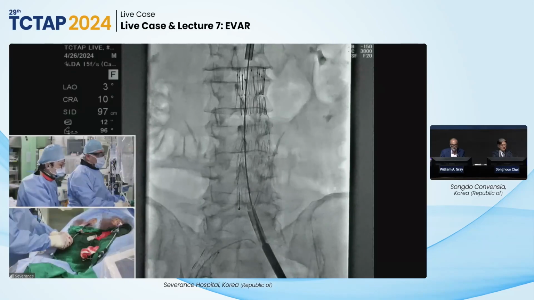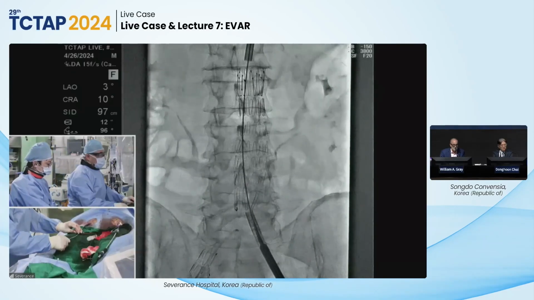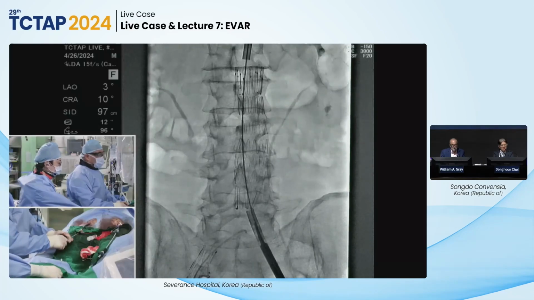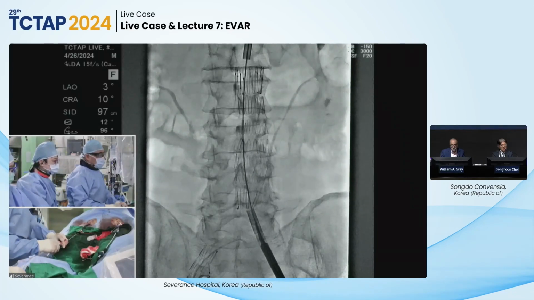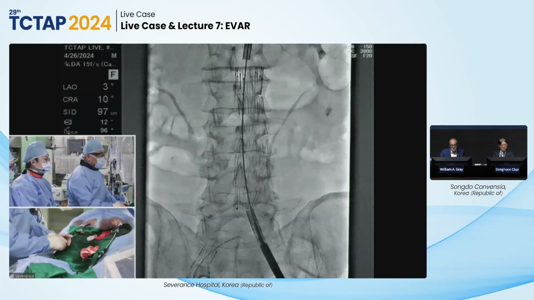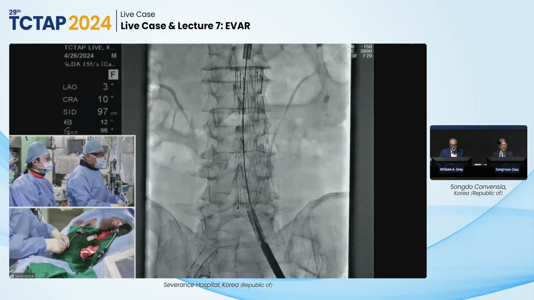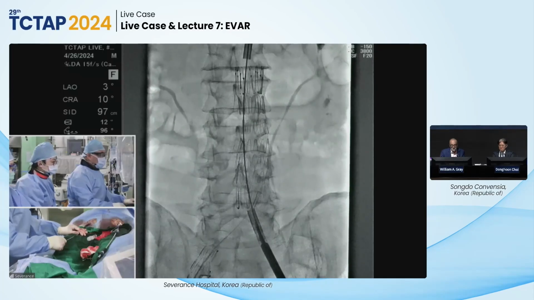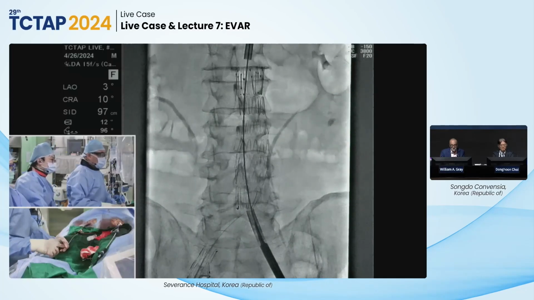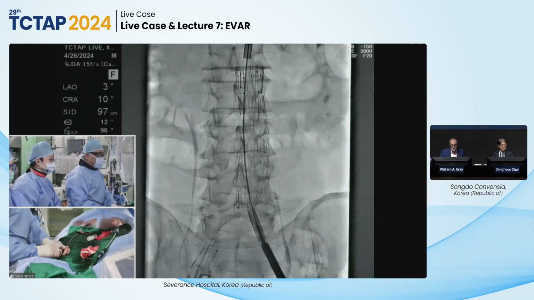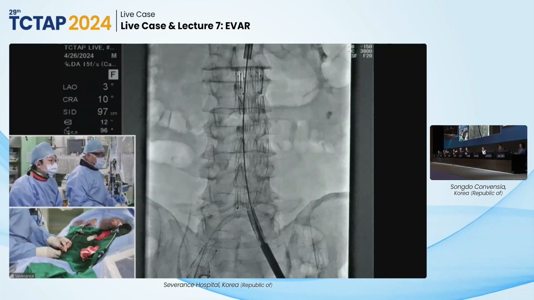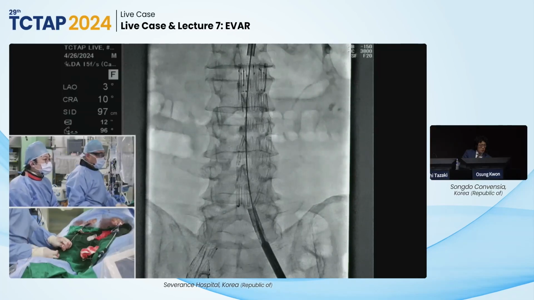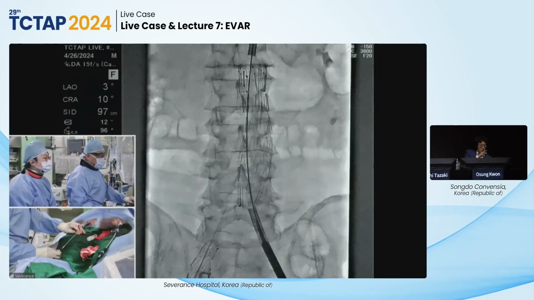Doctor, your patient is under local anesthesia with sedation, right? Yes. Is it special for this patient because of a lung problem, or is it every EVAR? That's our routine procedure, local with sedation. So, Seung-jun, could you tell us your protocol for the light sedation?